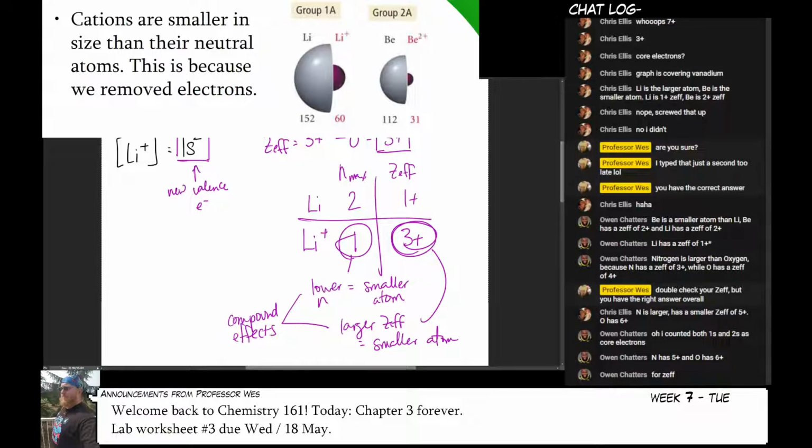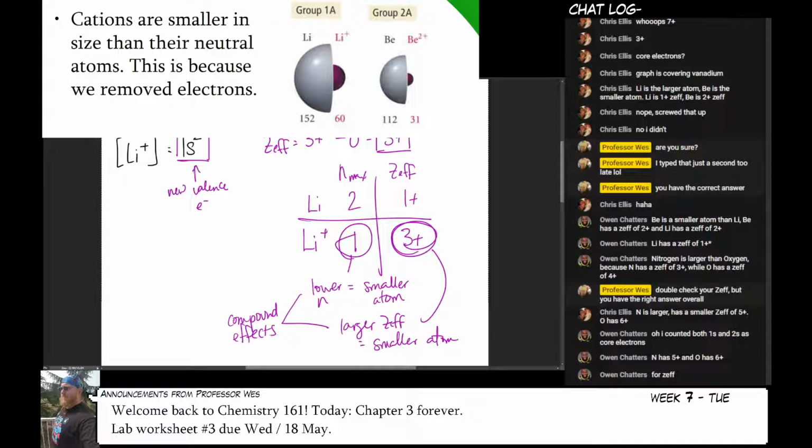With beryllium, it's even more exaggerated. I go from 112 to 31 by removing its 2 valence electrons, because those 2 remaining 1s2 electrons feel an effective nuclear charge of +4, as opposed to the +2 that the outer electrons feel in neutral beryllium.